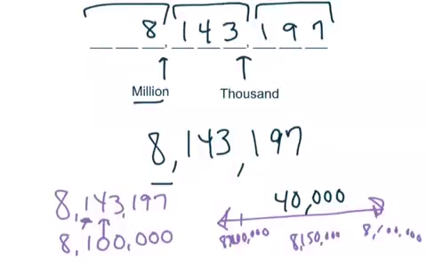Just to give me a point of reference. The number that I'm talking about is going to fall on this side, which means it's closer to the 8,100,000, just like I had said. So I could do it that way as well.